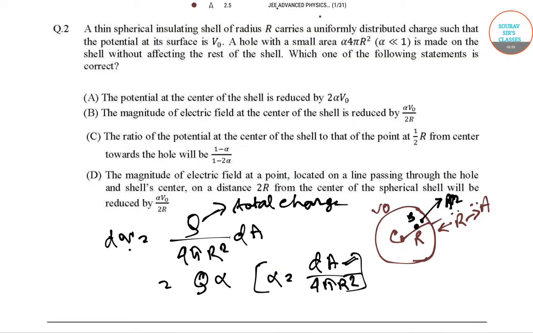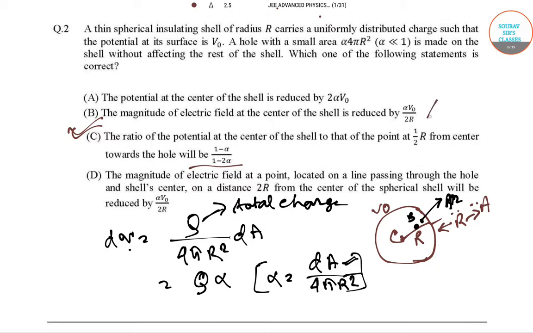So here the ratio of potential at the center of the cell and the point at 1 by 2r from center towards the hole will be 1 minus alpha divided by 1 minus 2 alpha. This is the correct option. And the magnitude of electric field at the center of the cell is reduced by alpha V0 by 2r.